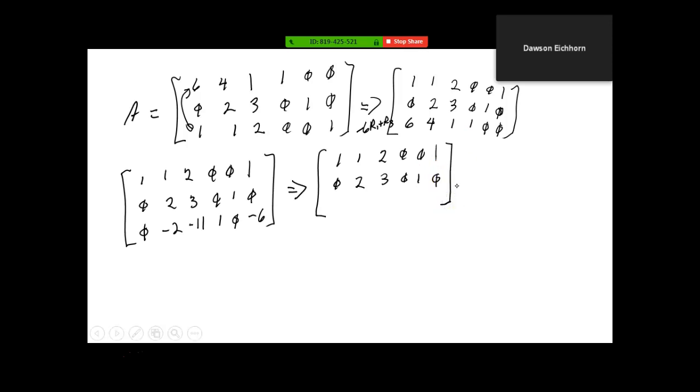Okay, and add those two rows together, you get a 0, 0, what? Negative 8, 1, 1. Okay. Now after this, things go downhill pretty fast.